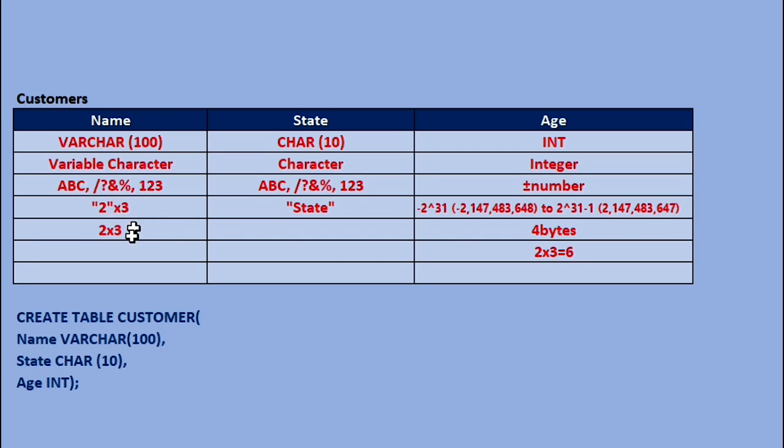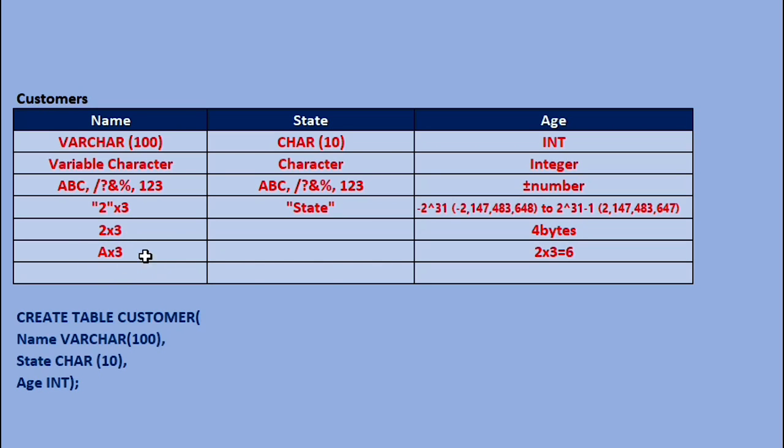The computer will treat it as a series of characters, or a string, and what we see will be just 2x3. So no mathematical operation will be performed. Also, if we say a times 3, our output will be ax3, for example.